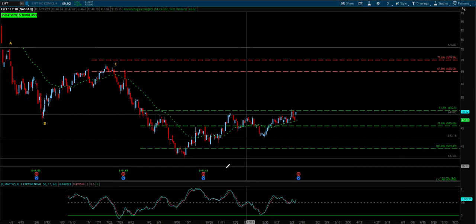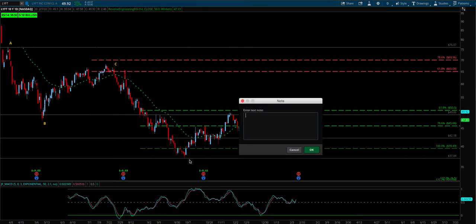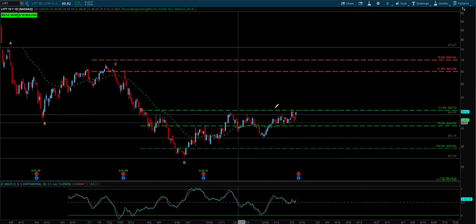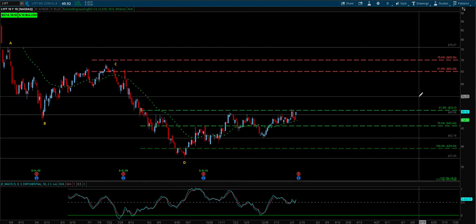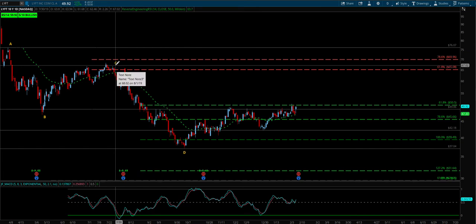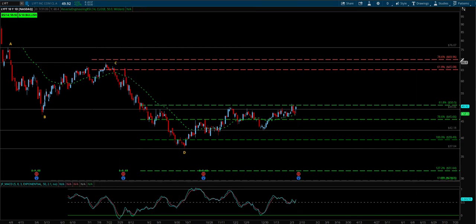All right? Right here at D. Would have been a perfect strike. And then you bounced. That's why I said this is a reversal zone, so you would have gone long here or go short from C. Pretty simple, right? I'll do one more for you guys.